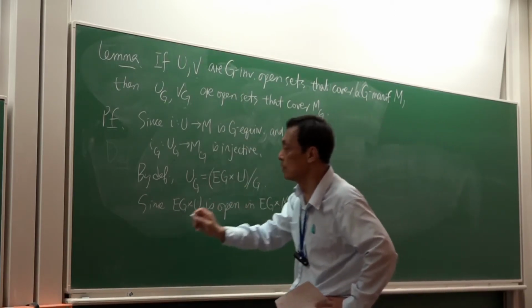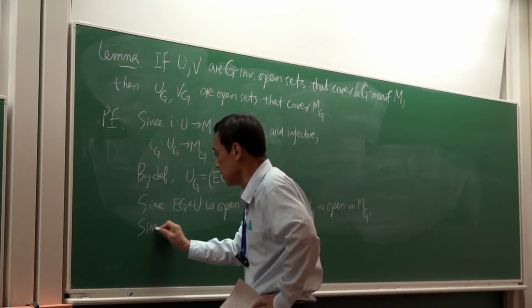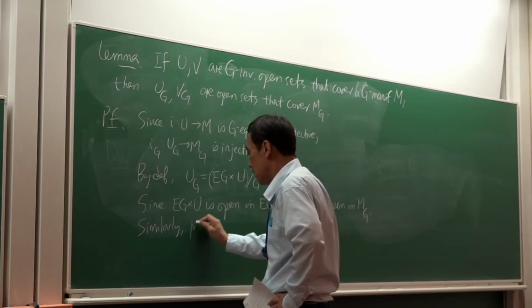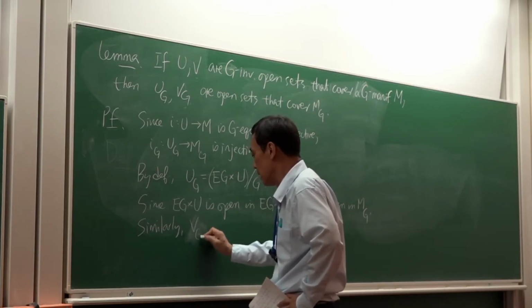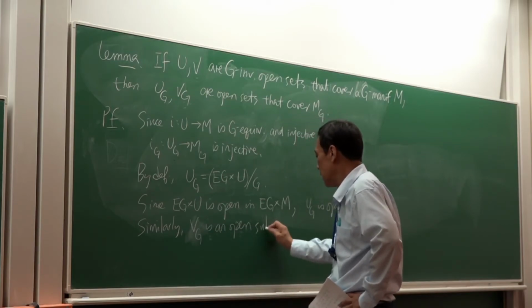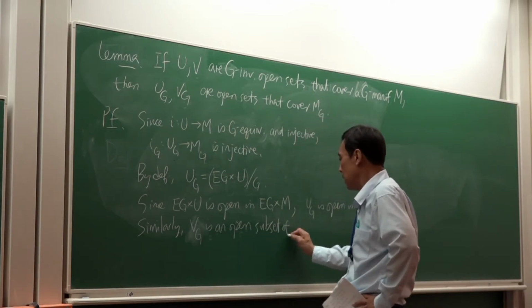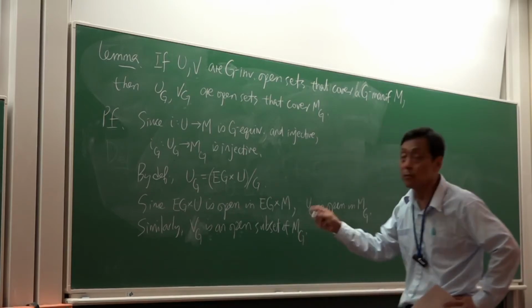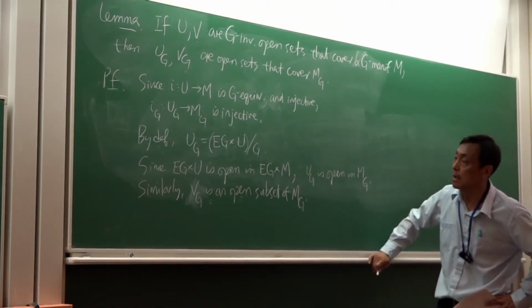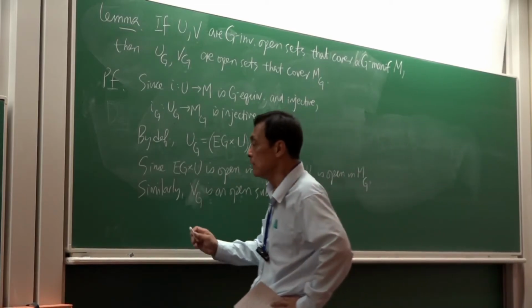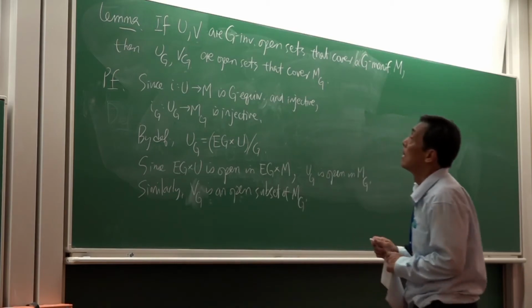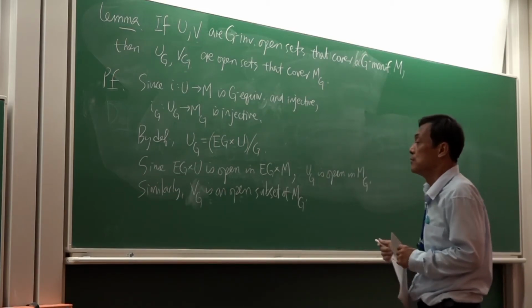So now we have two open subsets of M_G, and we want to prove that they cover M_G.